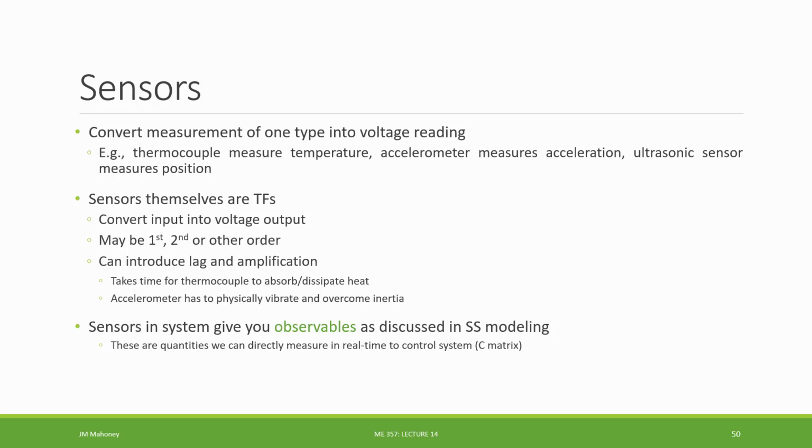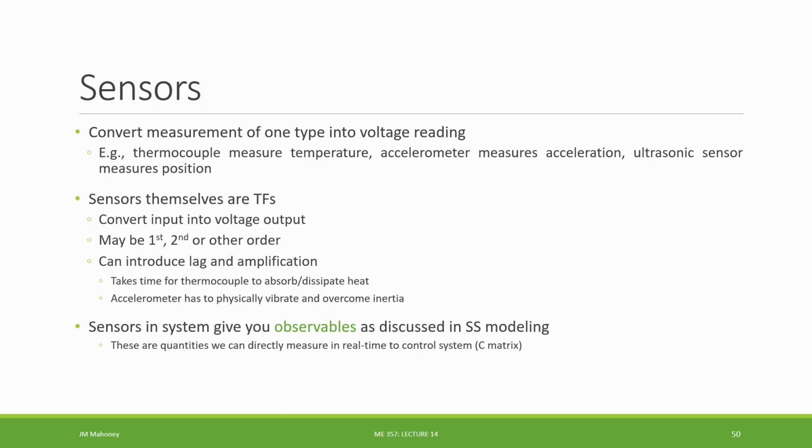And this comes into play as we get into controllability, which will be outside the scope of this course, but the quantities we are able to directly measure in that C matrix are going to determine how we can control the system as well.